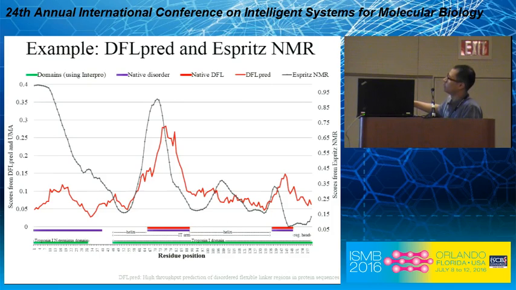Now we are looking at the scores from the disorder predictor, ESpritz. This predictor has a high score for the first DFL region and can partially find the second DFL region, but it also has a very high score at the N-termini of this protein, which is a disordered region, but not a DFL region. So in this case, it produces a false positive.